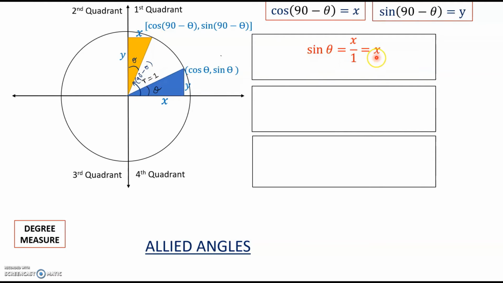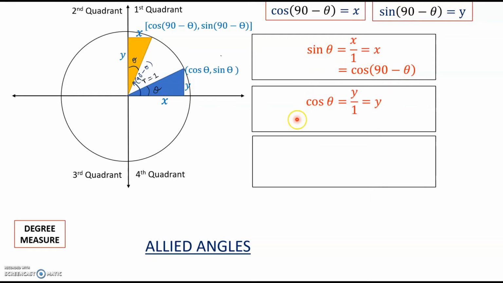Sin theta will be equal to x. Therefore, we have already seen that cos 90 minus theta is your x coordinate here. So this is equal to x. So replacing this value into this, you get cos 90 minus theta is equal to sin theta.